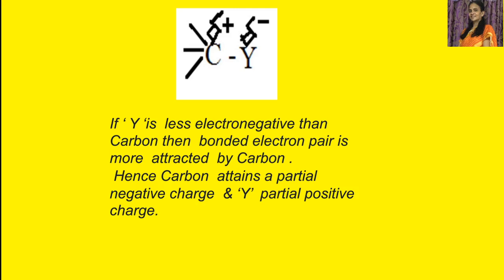Hence, carbon attains partial negative charge and Y attains partial positive charge. Here, we are supposed to correct the charges. If Y is less electronegative than carbon, the bonded electron pair is more attracted by the carbon than Y. Therefore, carbon suffers with partial negative charge, and this Y suffers with partial positive charge.